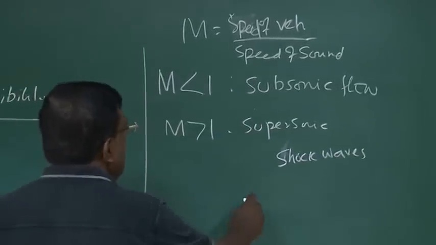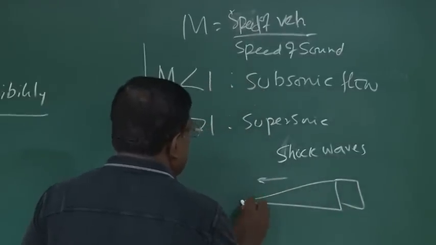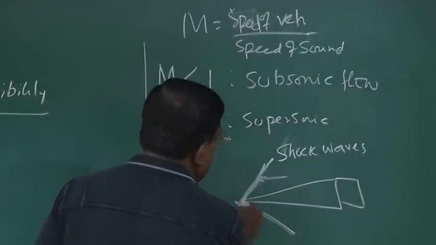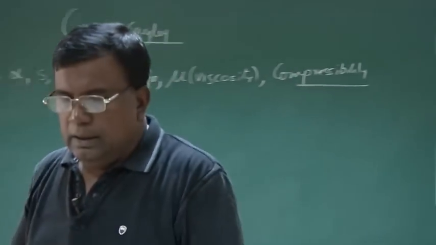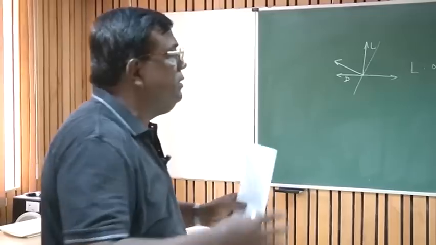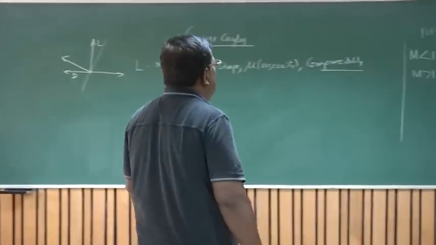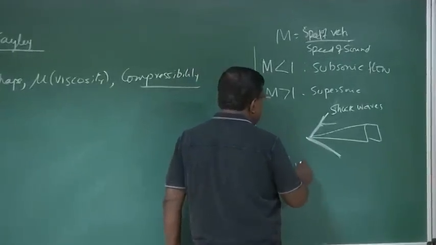Shock waves are like this: the vehicle is moving in this direction, so the fluid gets compressed, and there are shock waves with high density. This is not part of this lecture, but you need to know a few things to make your understanding better. It goes without saying, if Mach number equals 1, it is transonic.